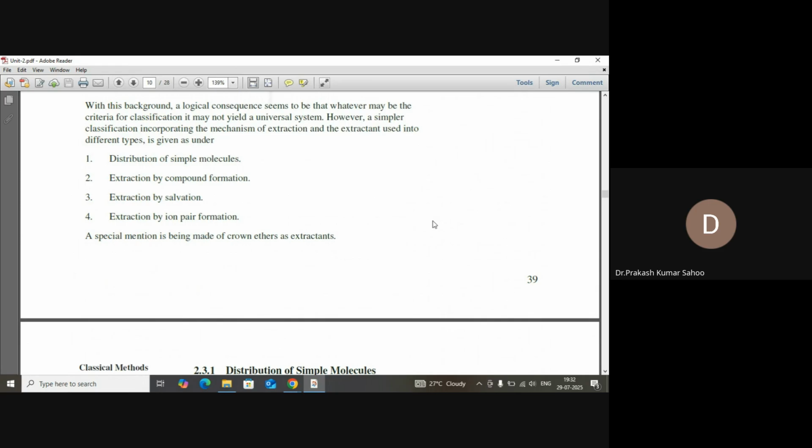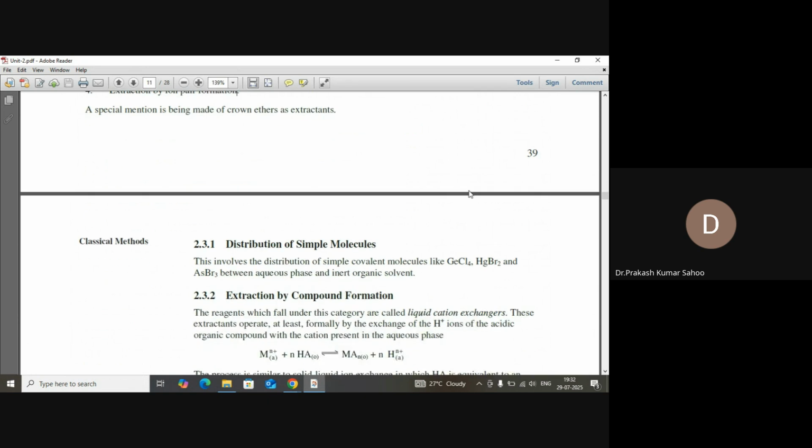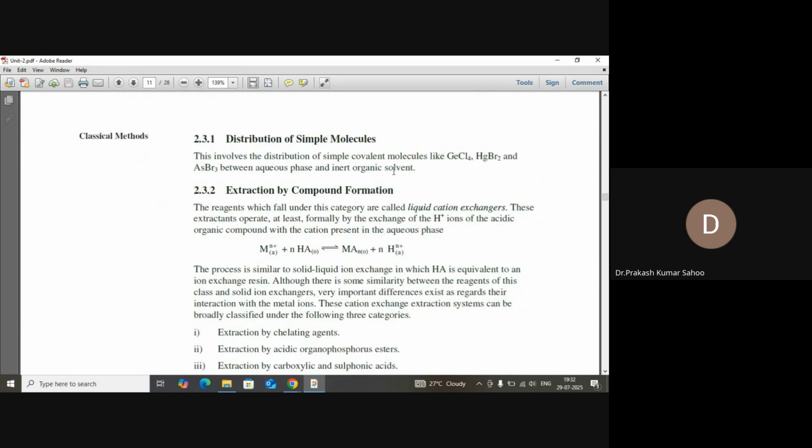So we have distribution of simple molecules, extraction by compound formation, extraction by solvation, and extraction by ion pair formation. The extraction will be carried out with different techniques. First is the distribution of simple molecules, like germanium tetrachloride, mercury dibromide or arsenic tribromide between the aqueous phase and organic solvent.